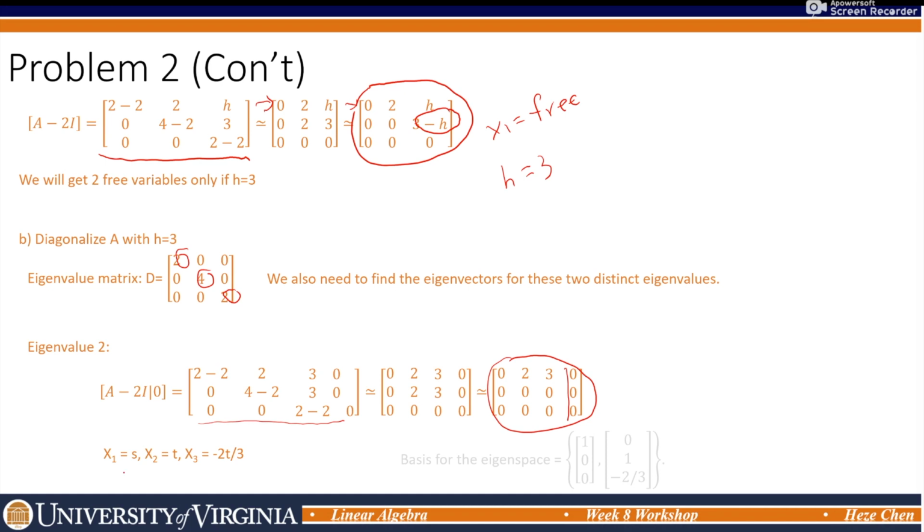We can set x1 equal to s, x2 equal to t, and x3 equal to negative 2 times t over 3. Thus, the basis for this eigenspace is built by these 2 vectors, (1, 0, 0) and (0, 1, negative 2 over 3).